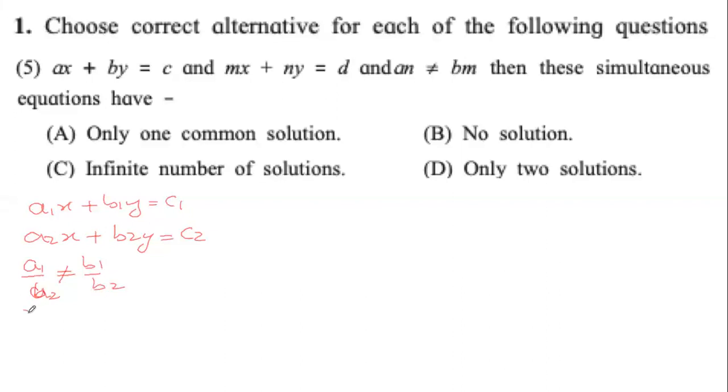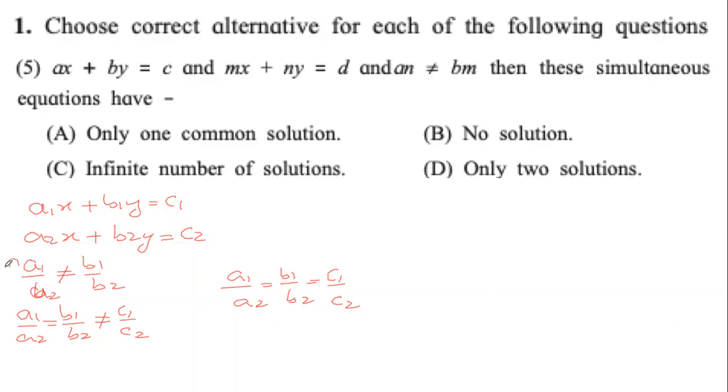Second condition, a1 by a2 equals to b1 by b2 not equal to c1 by c2. And the third condition is a1 by a2 equals to b1 by b2 equals to c1 by c2. We have studied this, and I have told you this is not given in the textbook. That is why you need to pay attention.